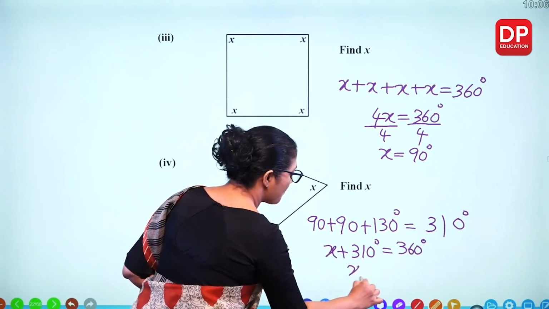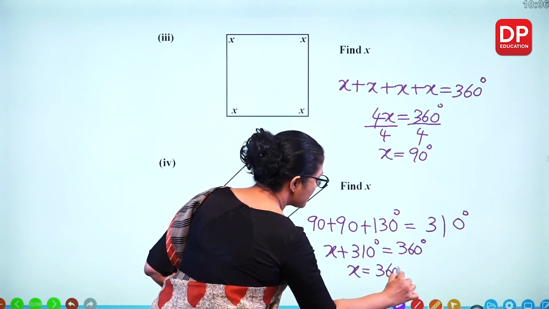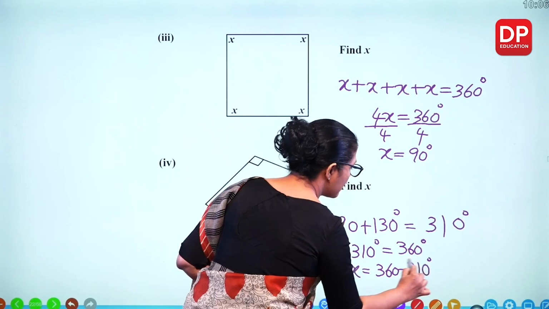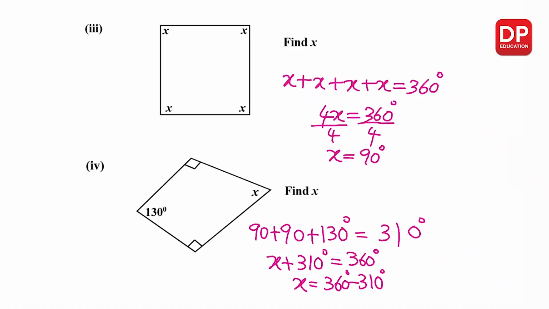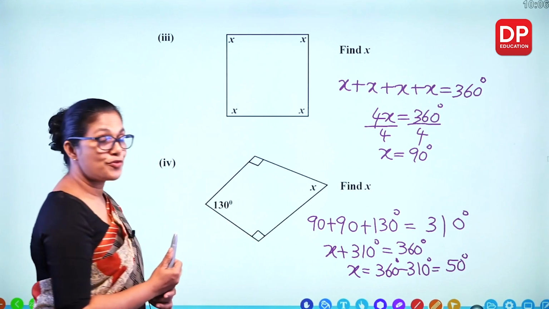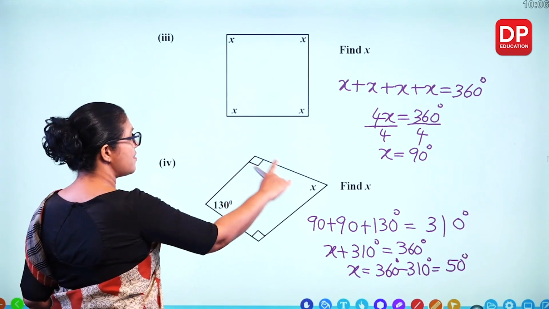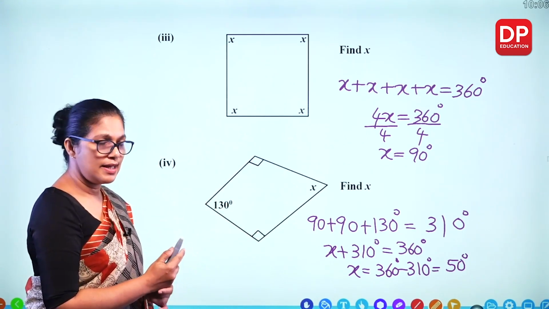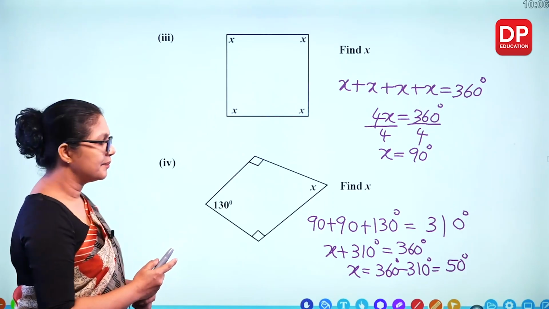So what's x? 360 minus 310. You get 50 degrees. We use the property that the sum of interior angles in a quadrilateral is 360.